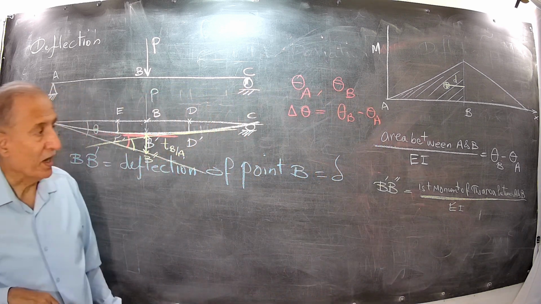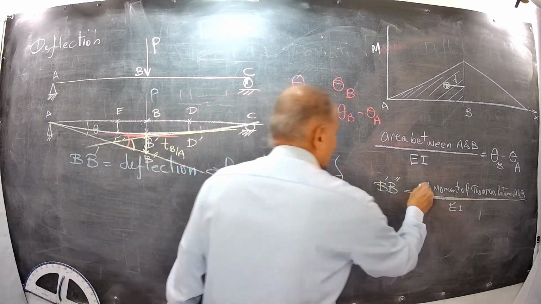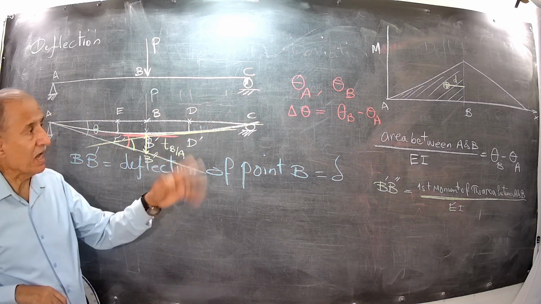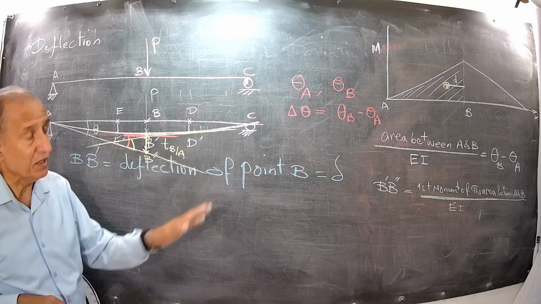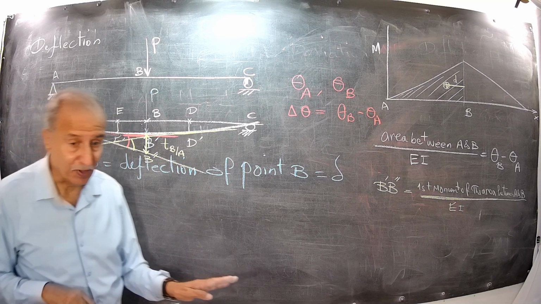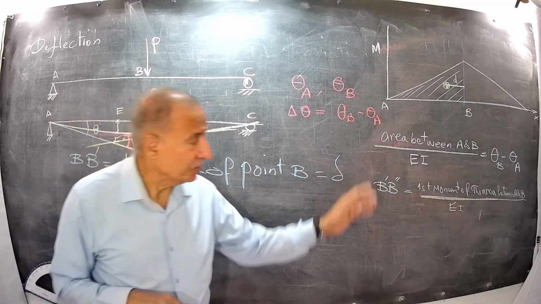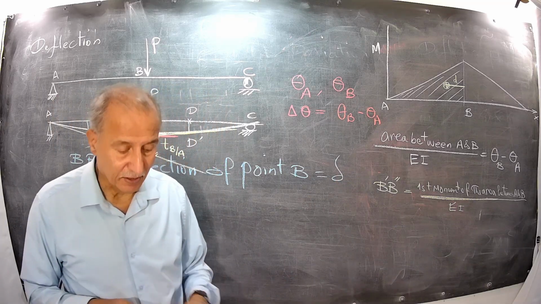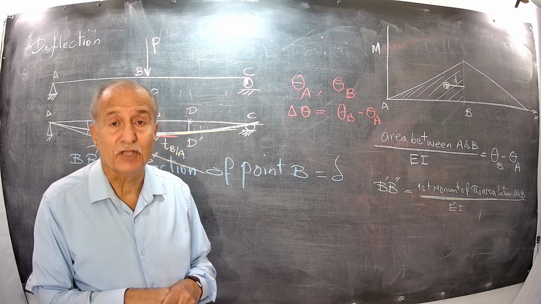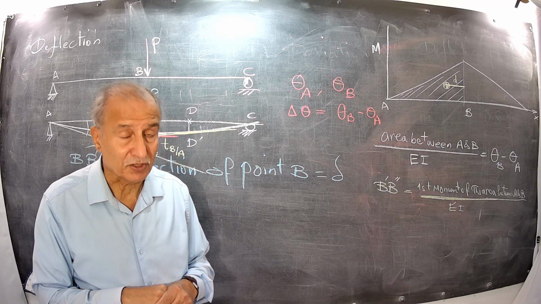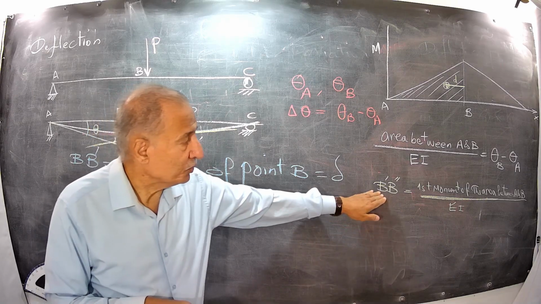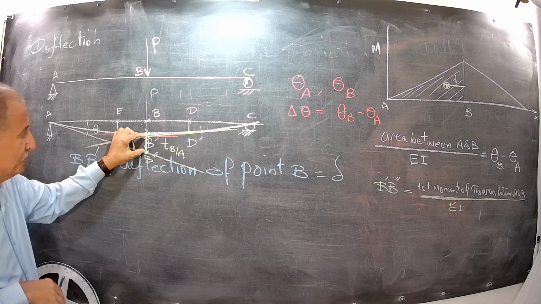This first moment of the area between A and B with respect to B, the point that you are looking for its deviation, divided by EI, modulus of elasticity times second moment of area of the cross section of the beam, EI, gives you this amount.